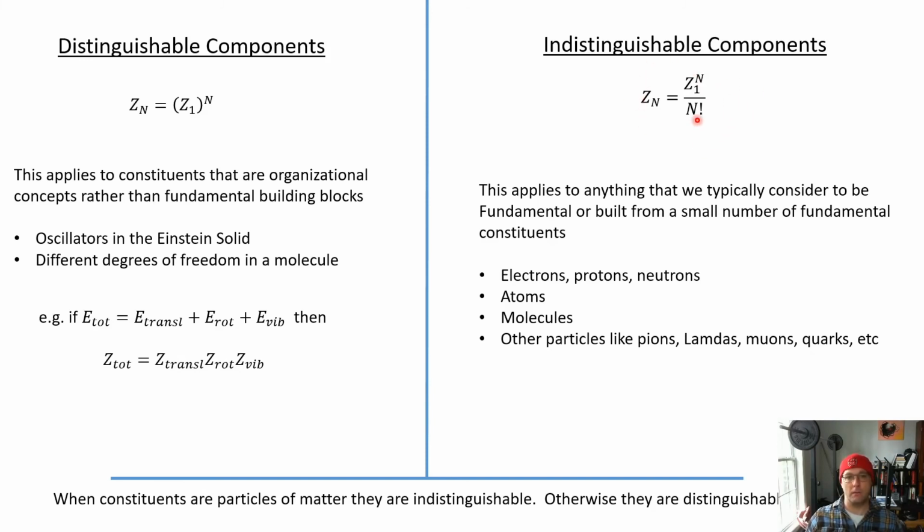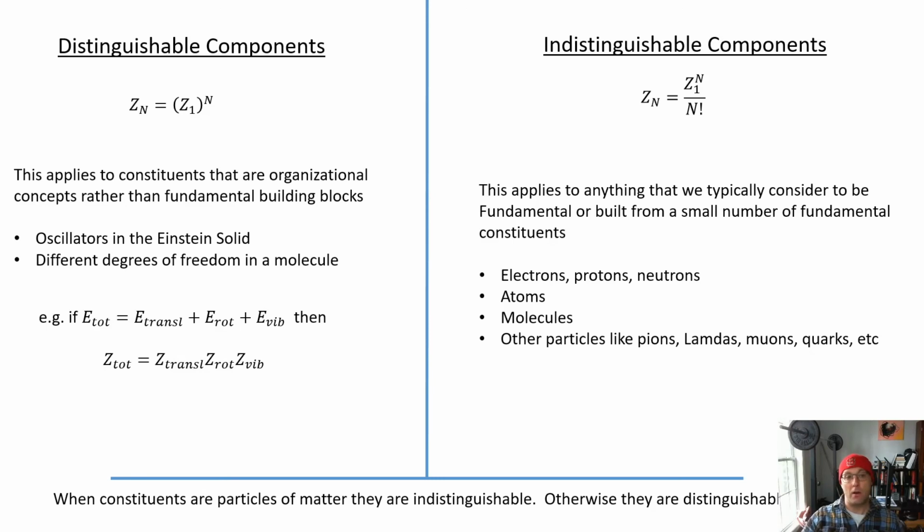By contrast, distinguishable statistical mechanics is going to come about when the components of the system that you're thinking about are more like organizational concepts rather than fundamental building blocks. An example of this is the oscillators in an Einstein solid. These are not actually particles, right? The oscillators in an Einstein solid are not the atoms.